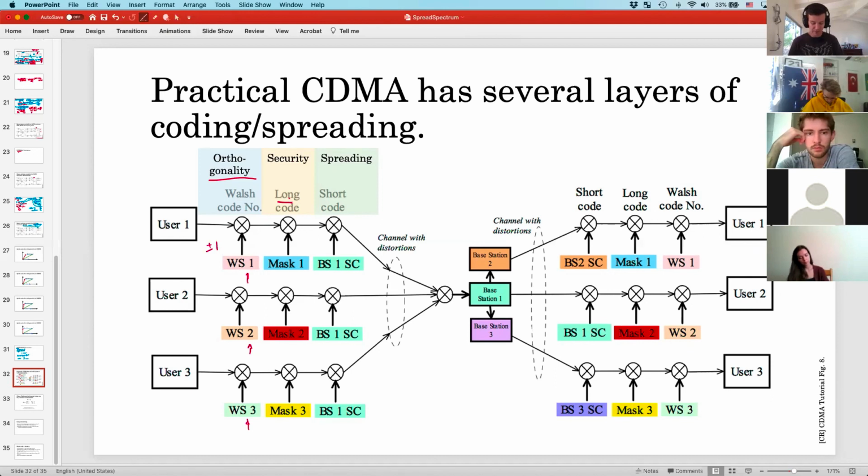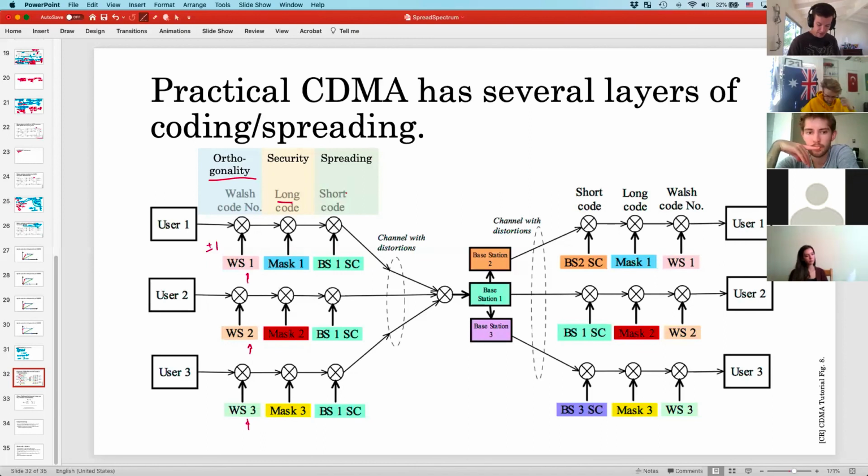Okay, so it's implemented for security purposes. And the reason why you want it to be a long code is because you want it to be hard to guess what the code is. And the longer the code is, the longer it would take someone to try to identify its periodicity and derive what the code is. So hence the long code. This would be longer than a symbol period.